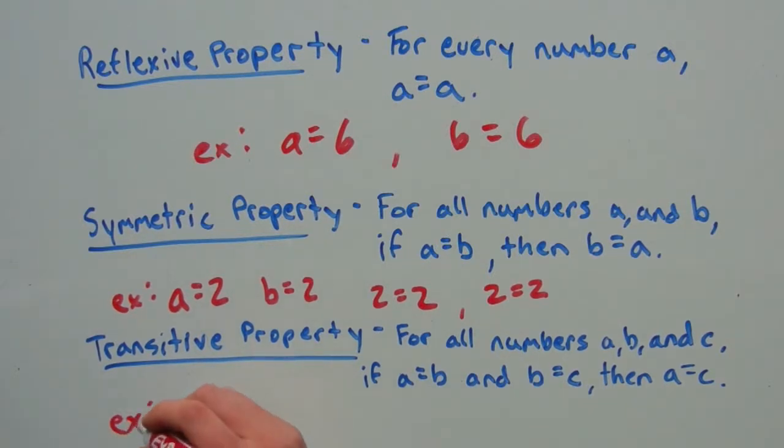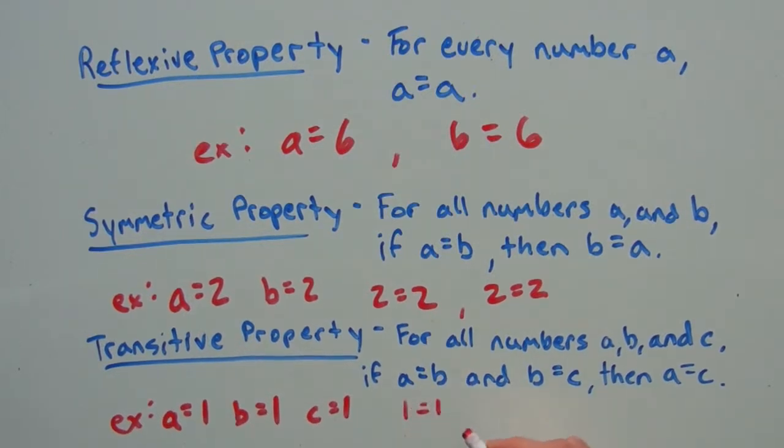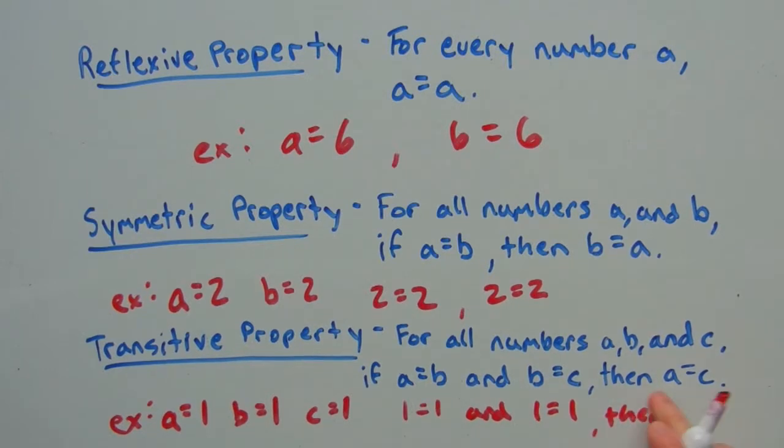Let's say that a equals 1, b equals 1, and c equals 1. We have that 1 equals 1, because a equals b, and 1 equals 1 again, then we have that a equals c, which is also 1.